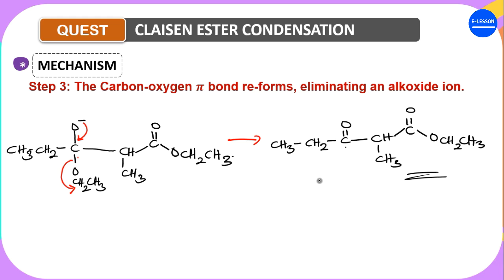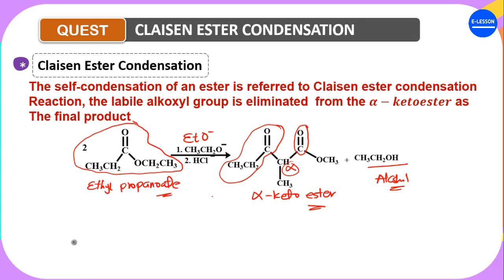Now, if you look at this product very well, you agree with me that it's synonymous to what we have here, right? CH3, CH2, CO, CH, then CH3, then CO, and then O, C. Yes, it's supposed to be O, CH2, CH3.